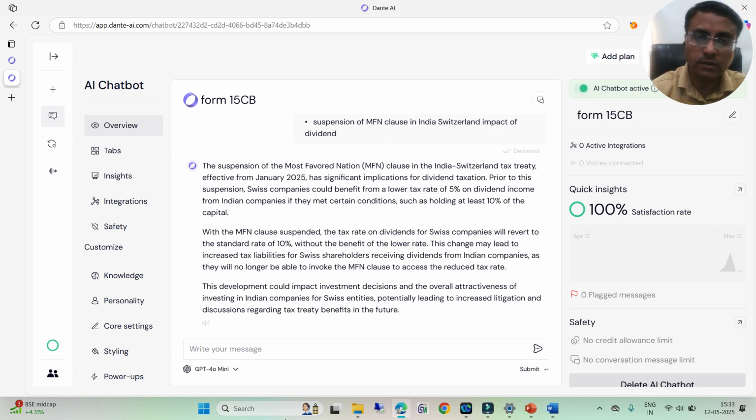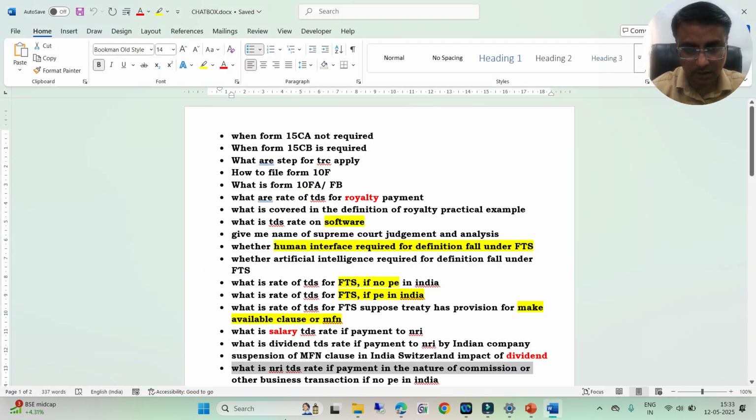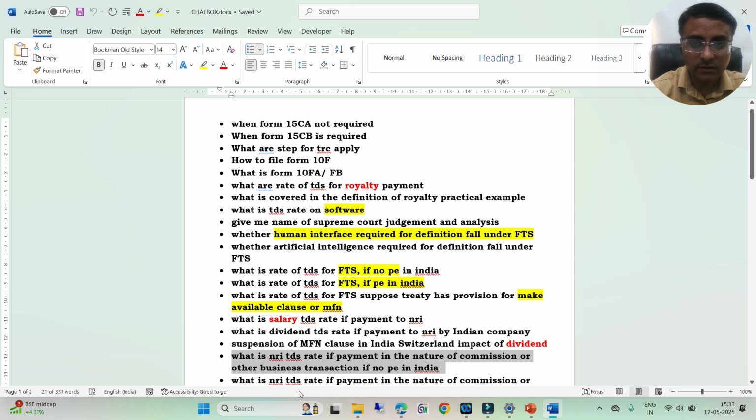Right now a 10% rate is available as per the treaty, not through the MFN clause. This happened after the Swiss government suspended the MFN clause in respect of the India-Switzerland treaty.